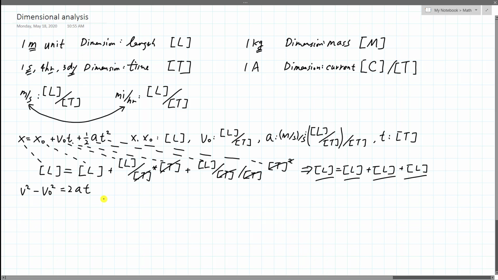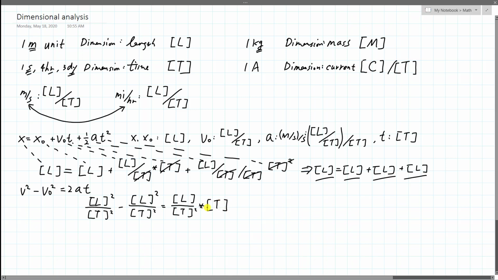So we'll have length squared over time squared minus, that's the same exact dimensionality, length squared over time squared, equals, skip the 2, a has length over time squared, and then I have a t here and multiply by time.